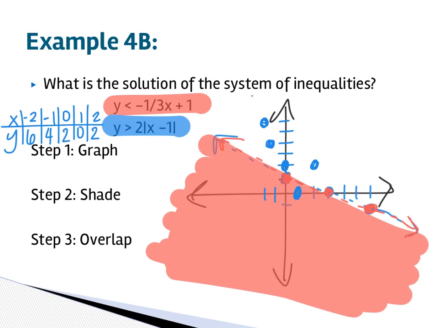So there's a V, and it's going to be a dotted V because I don't have a line under my inequality. And it's greater than, so I'm going to shade above the graph. And I don't know if you can see it because it's a very small little section, but it does cross right there. And that's your solution. The area I shaded black where the two inequalities crossed.